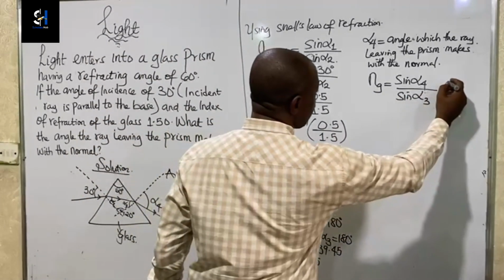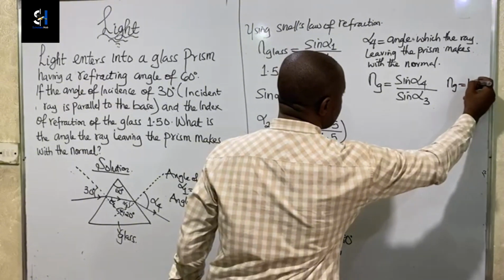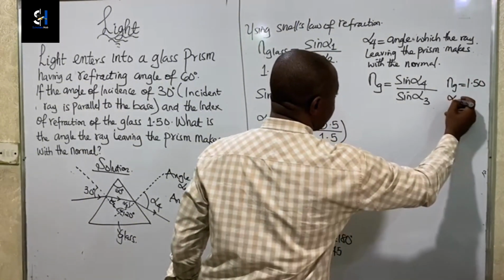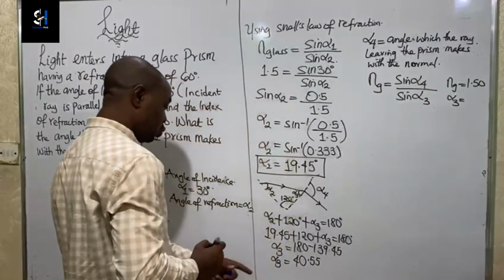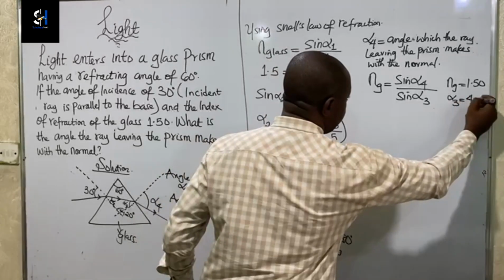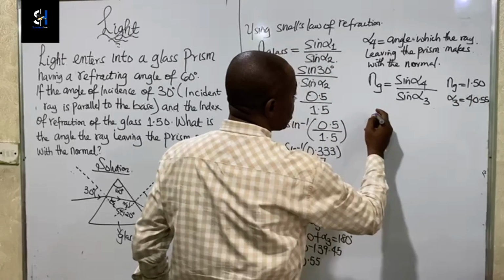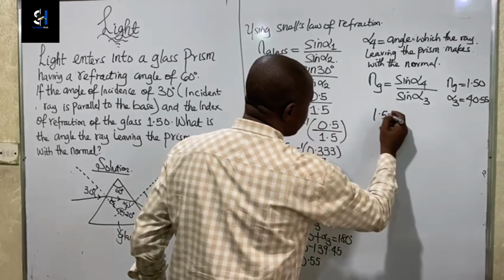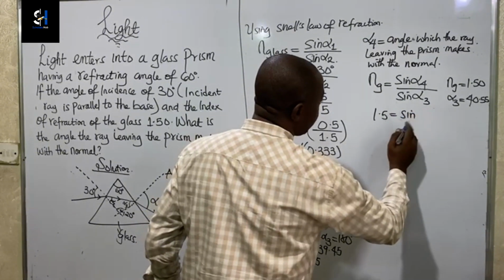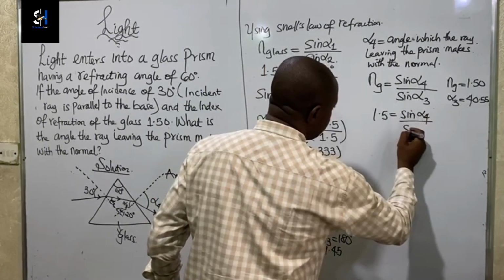We know that the index of refraction of glass is 1.50, and we have this third angle to be 40.55. So 1.5 equals sine of the fourth angle divided by sine of 40.55.